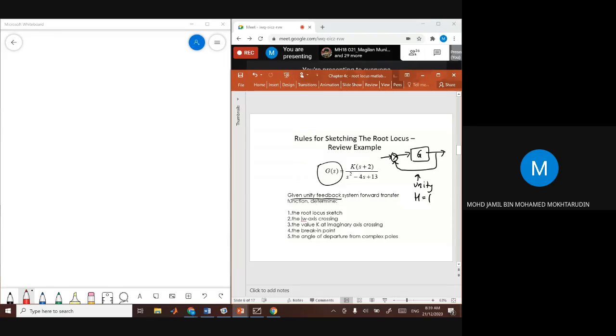Okay, so the first step you need to do is find poles and zeros. For poles, you use the denominator. So s squared minus 4s plus 13. For this one you need to use the quadratic formula.